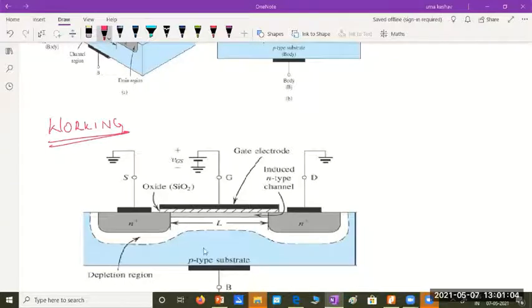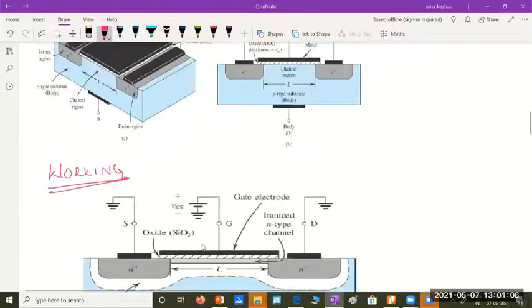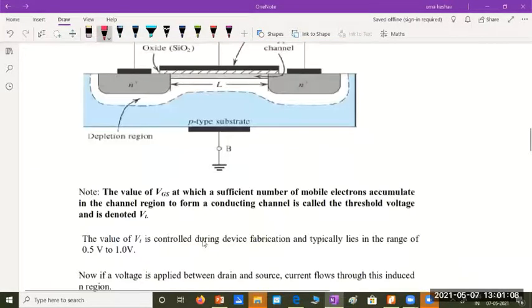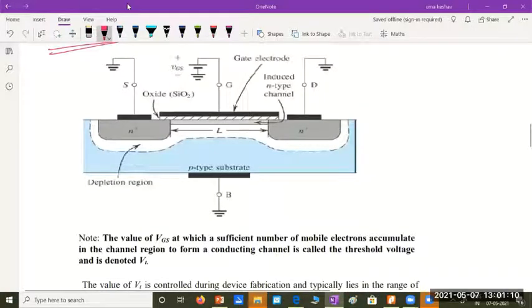When I give a positive voltage to the gate, I know a channel will be formed in this region. This channel consists of free electrons. So an N-type channel or N plus channel is formed.